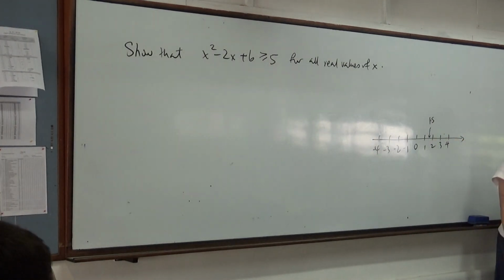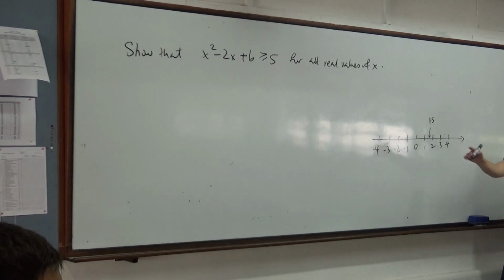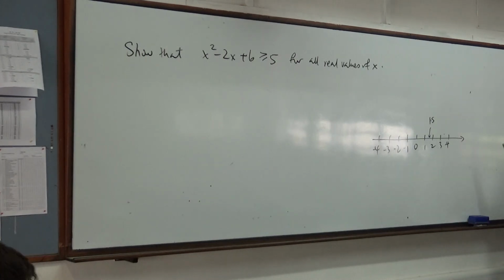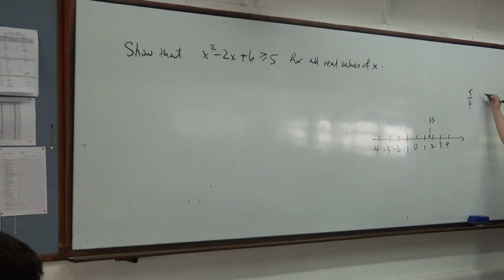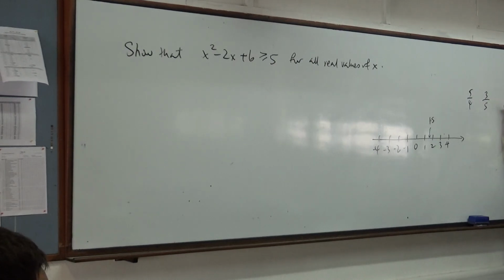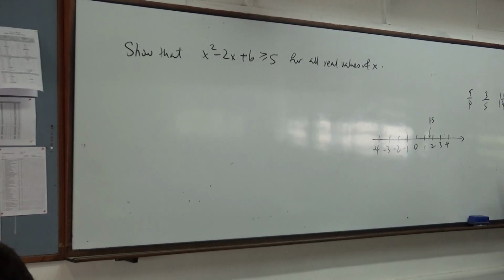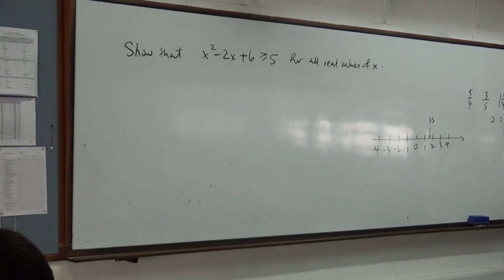Now, on the number line, I can have fractions, right? For example, 5 over 4, 3 over 5, 1 over 4, that kind of thing. I can also have 2. 2 is also a fraction, because 2 can be written as 2 over 1. You understand?